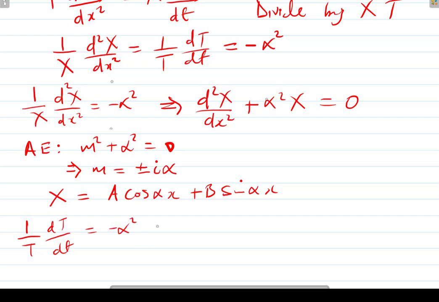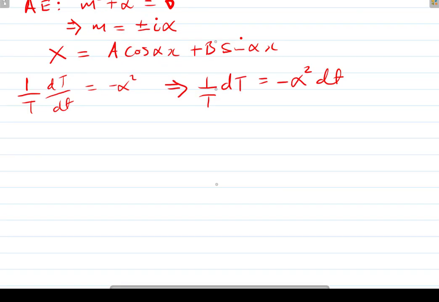Because this is first order, we can use direct integration. So this implies that 1 over T dT is equal to negative alpha squared dt, so that it works with direct integration.